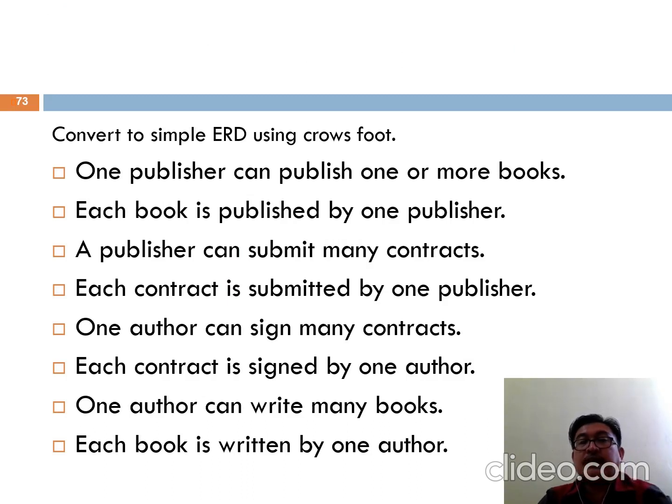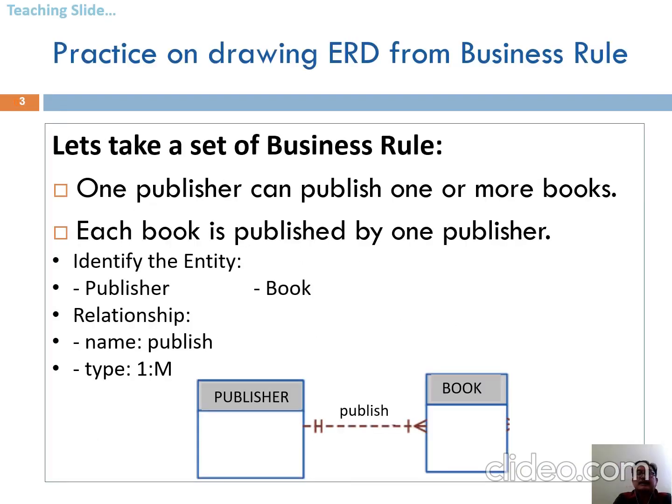Now the second example, convert to simple ERD using crow's foot. Just now we went from ERD to business rule. Now we look at business rule to ERD. Let's take a set of business rules.